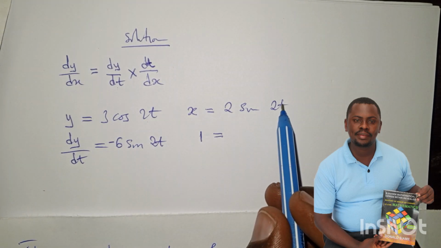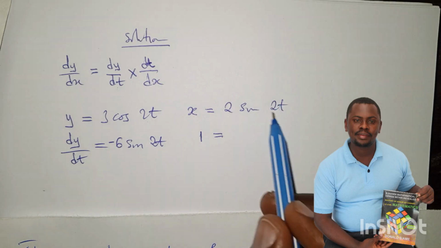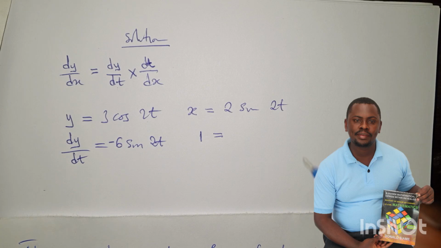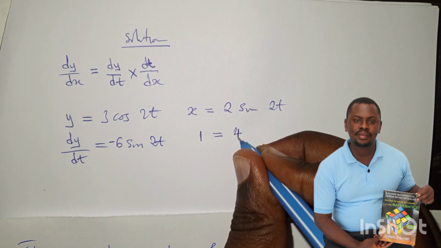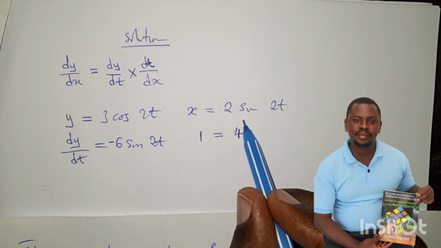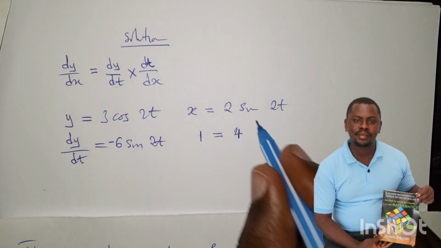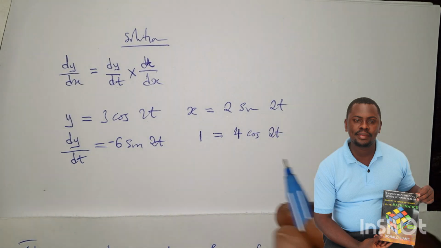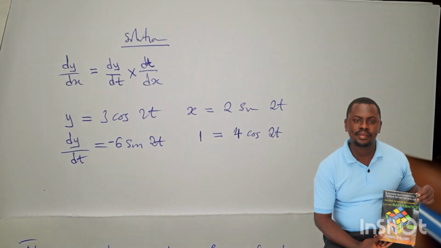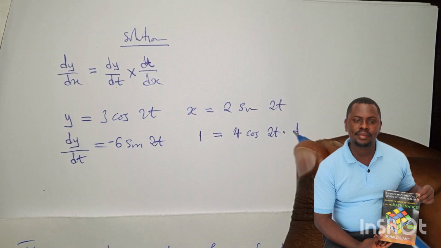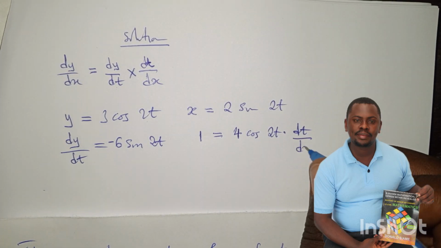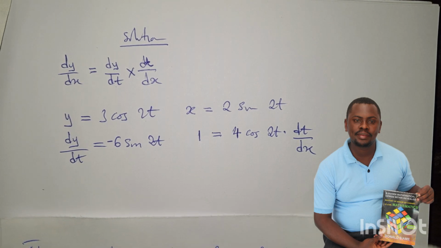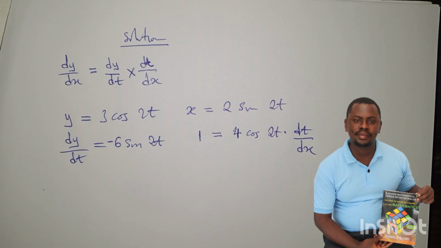We start with 2t, the derivative of 2t you get a 2. 2 times 2, that is 4. The derivative of sine is cos, so the derivative of sin 2t gives cos 2t. Since we are differentiating with respect to x, we say this times dt/dx.